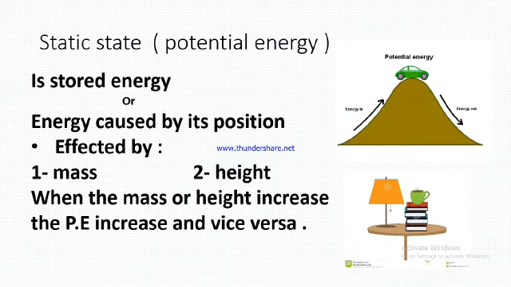Potential energy means stored energy or energy something has because of its position or condition, and it's affected by 2 things. Number 1, mass. Number 2, height. When the mass or height increases, the potential energy increases and vice versa.